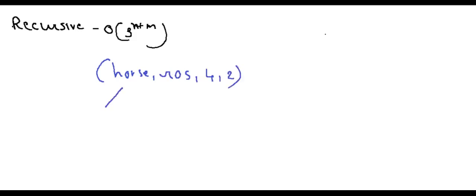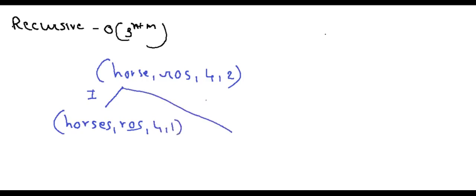If I'm doing insert, I'll have horse, so I'm inserting a character, and then horse will become horse plus S, and I have this 4 and this 1.